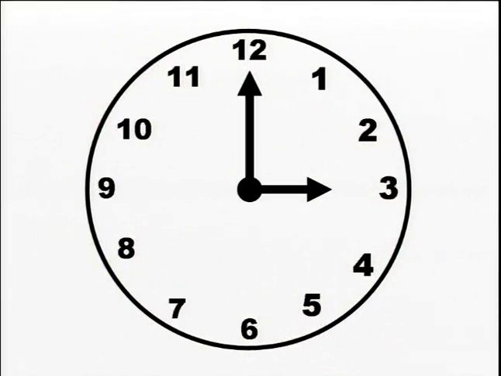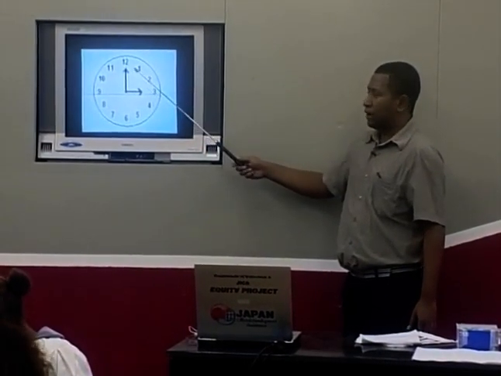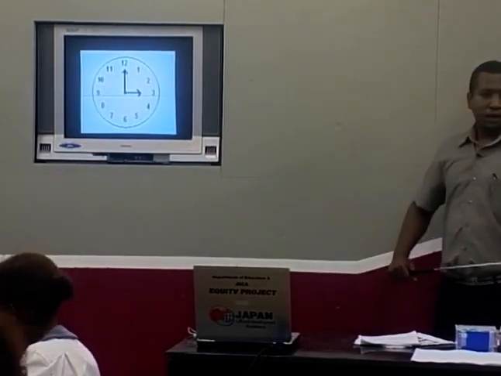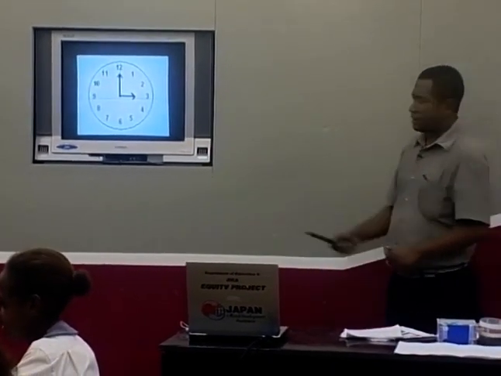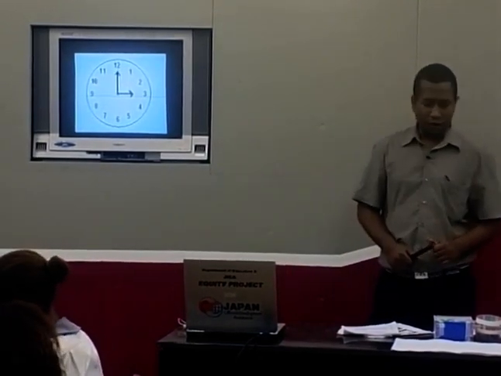We have the long hand pointing to 12 and the short hand pointing to 3. What angle do you think this clock face is showing? Right angle. Very good.